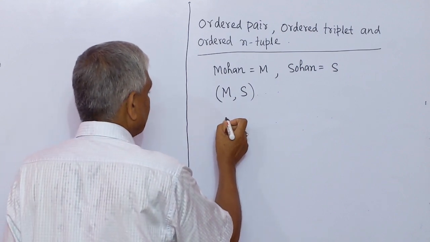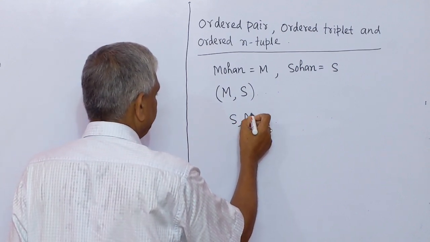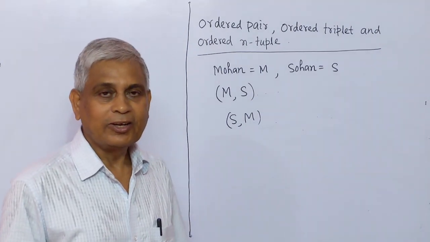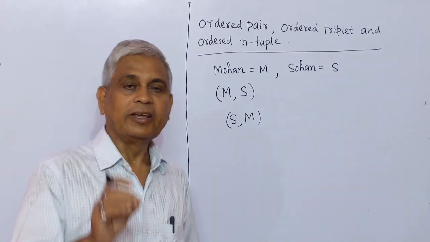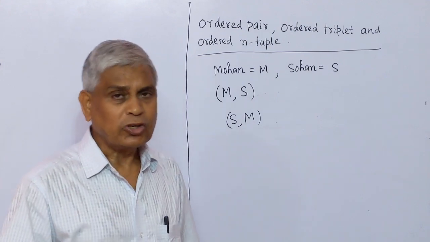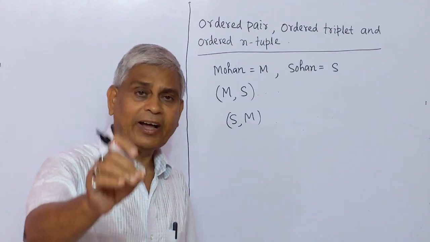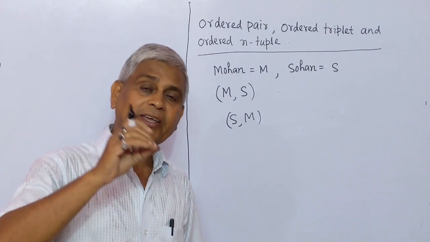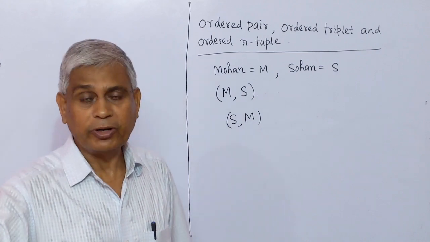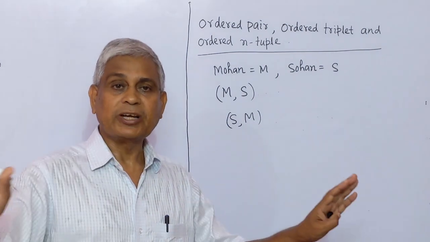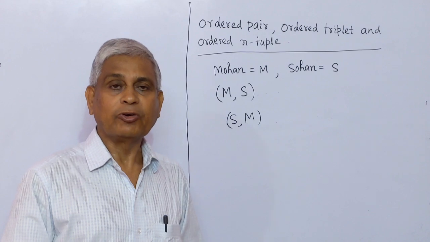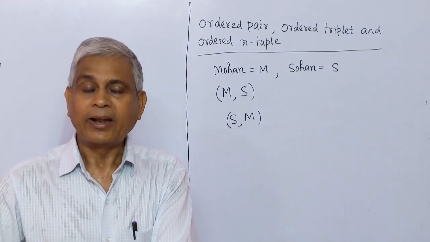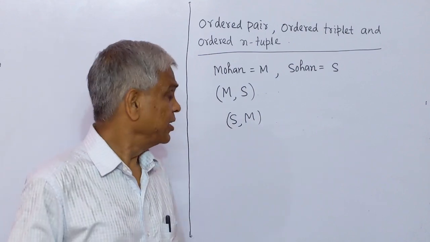If I write this as SM, then this means I invite Sohan and Mohan to lunch. The two concepts are the same, because two persons, Mohan and Sohan, are invited to lunch.